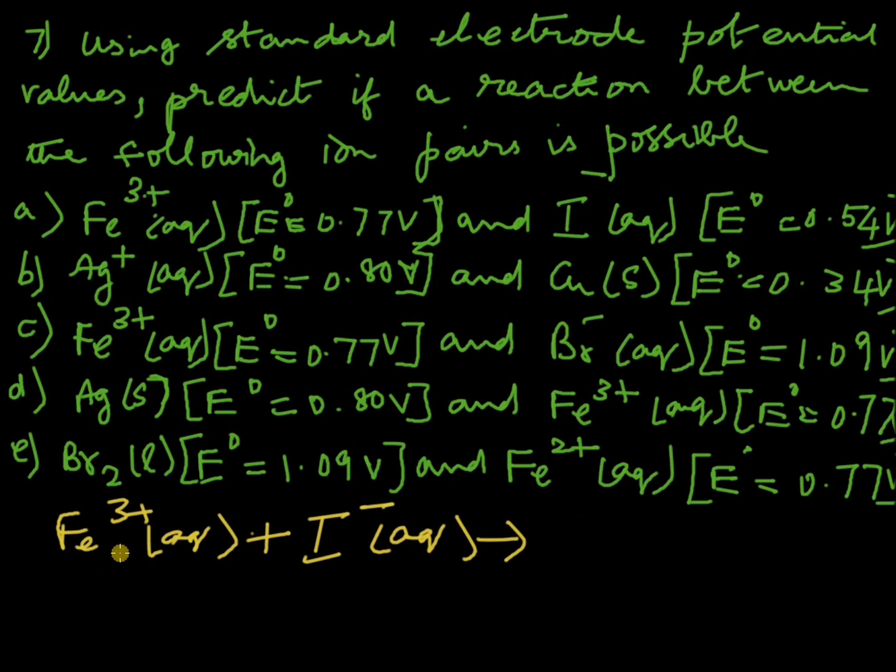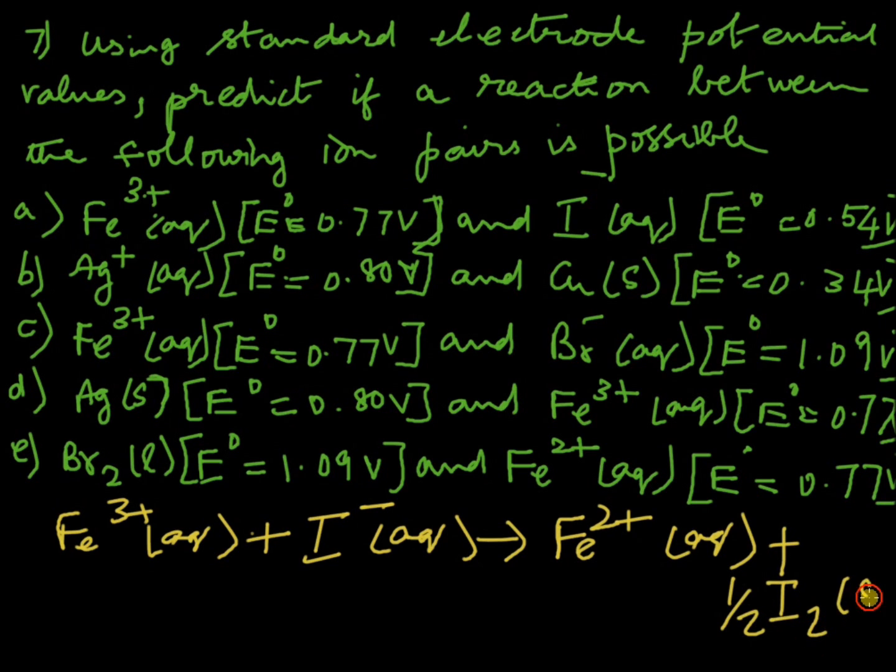Fe3+ can only undergo reduction, so it can become Fe2+ aqueous, and I minus can lose the electron to become half I2. From this we find that Fe3+, since that undergoes reduction, should be the cathode, and I minus undergoes oxidation, so it should be the anode.